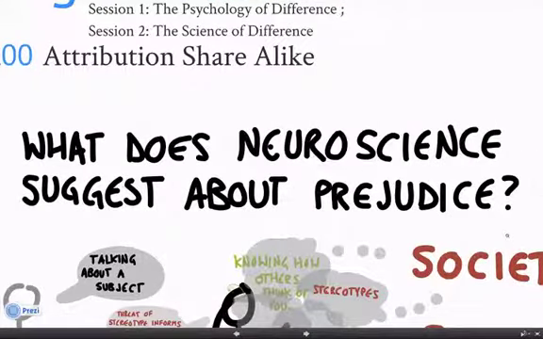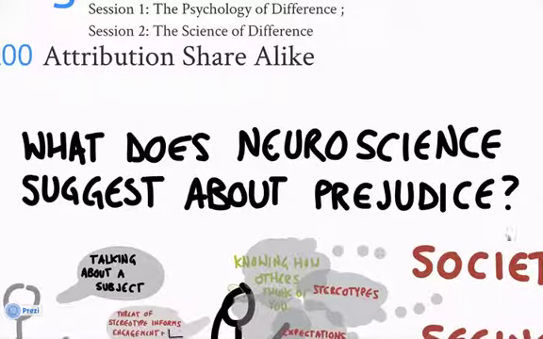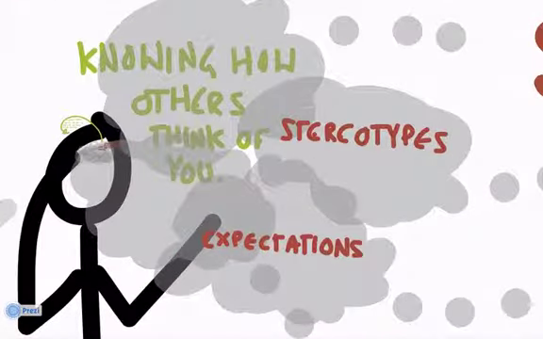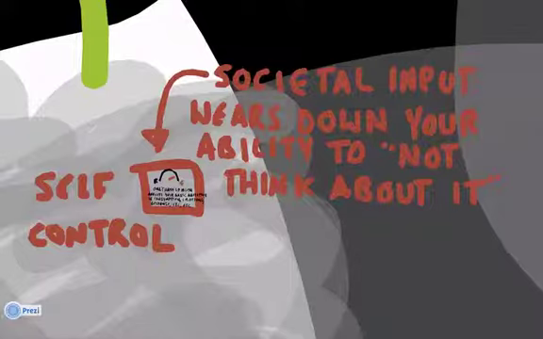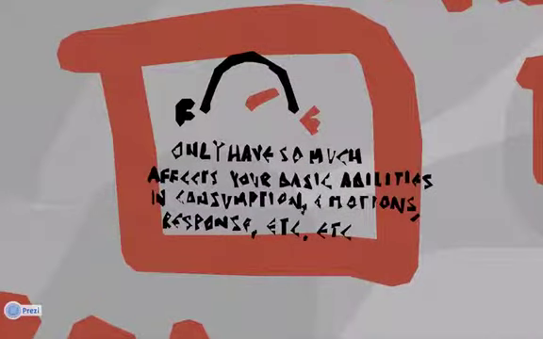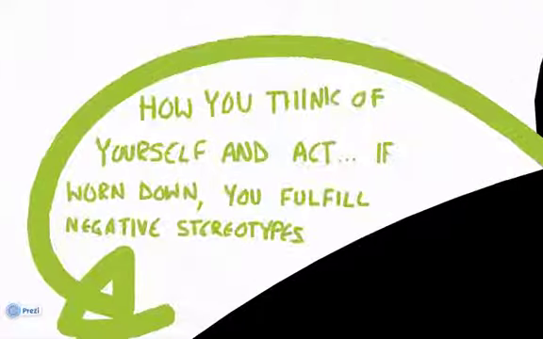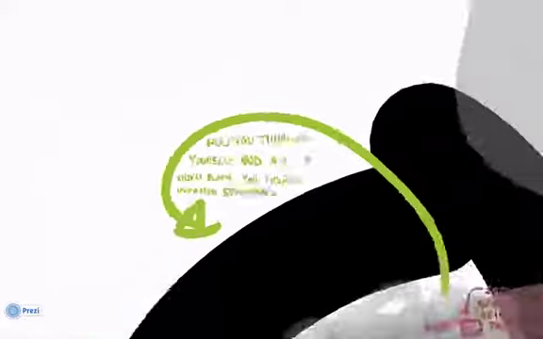But how this sometimes ends up looking when people layer things is, let's look at this. This was a presentation at Facing History and Ourselves, and this presentation was talking about how the overwhelming stereotypes and expectations affect parts of your brain that have a limited amount of ability to respond to things. And so when you constantly have to respond to stereotyping, it wears down that self-control, which means that how you think of yourself and therefore how you act changes.